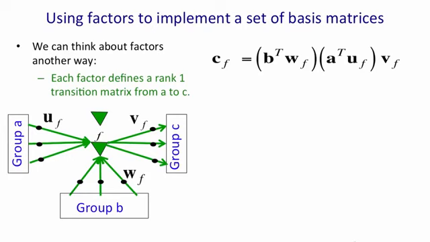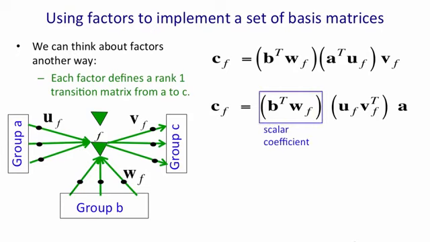We can rearrange that equation so that we get one scalar product, and then we've rearranged the last bit so that now we take the outer product of the weight vector u and the weight vector v, and that gives us a matrix, and the scalar product that we computed by multiplying B by w is just a coefficient on that matrix.